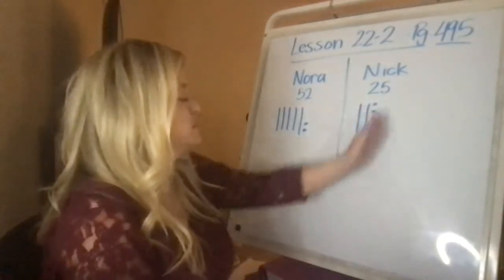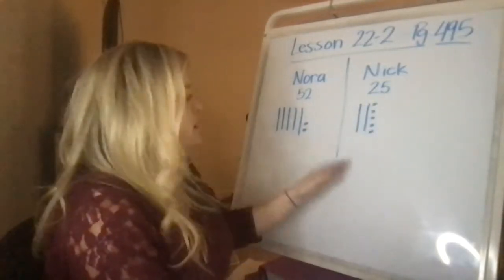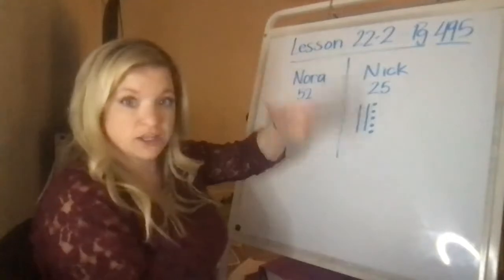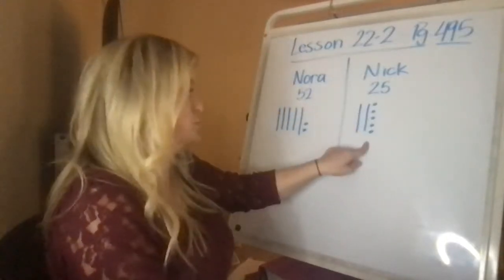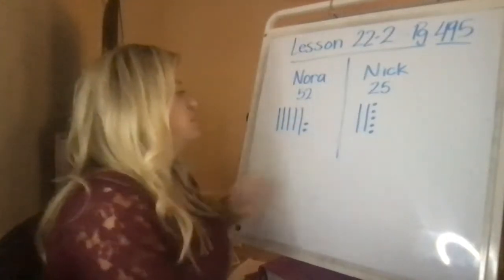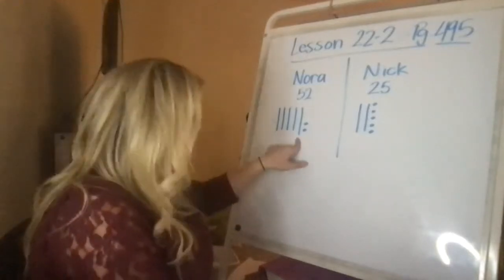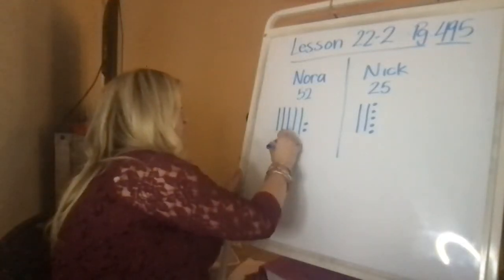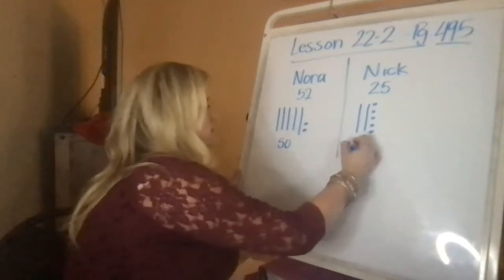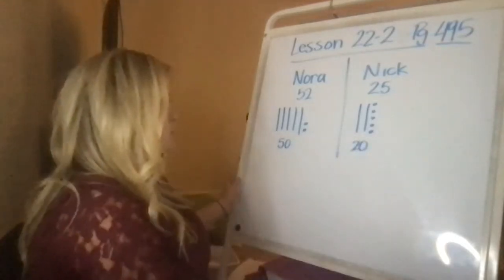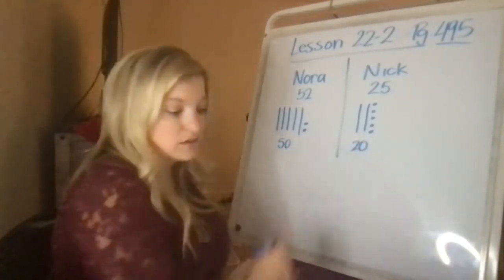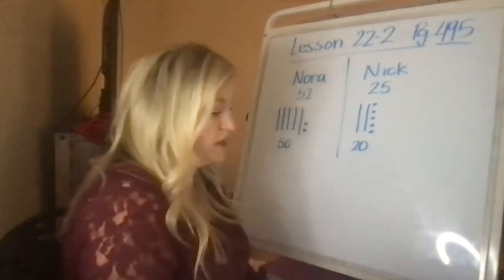Remember, our book puts the dots, the cubes, in columns of 5 each. Now if I look at the picture, I can clearly see Nora has 5 groups of 10, which I know is 50. And Nick has 2 groups of 10, which is 20. So Nora has more apples, right?